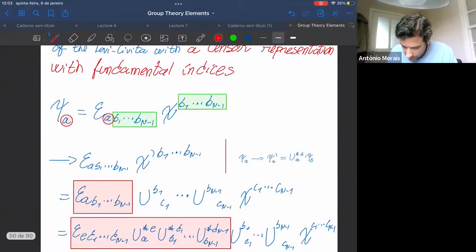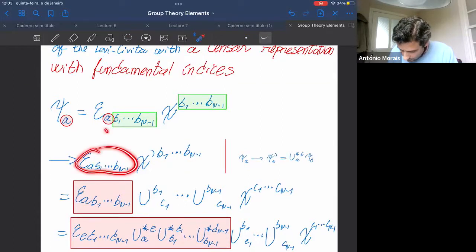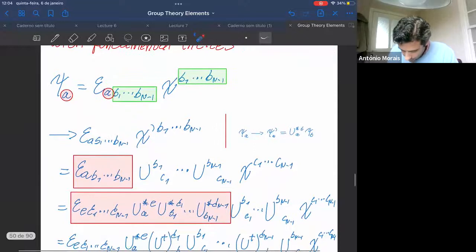So let's start this proof. Pick up the epsilon that is here and the chi with n-1 indices. In fact, the transformation properties will be associated to this chi. So now this chi transforms in the following way. So this is the chi prime. It has only fundamental indices.